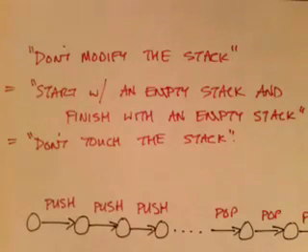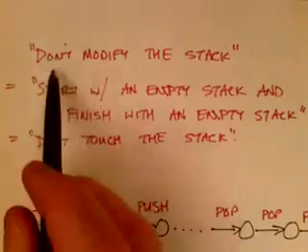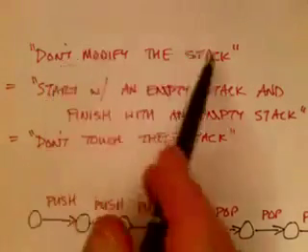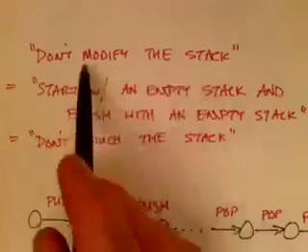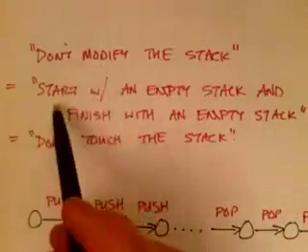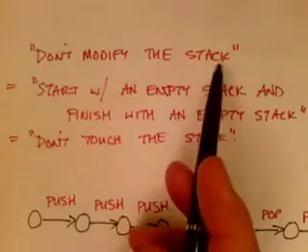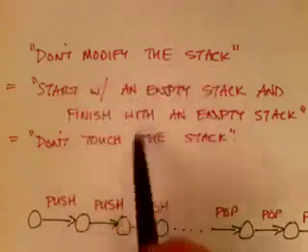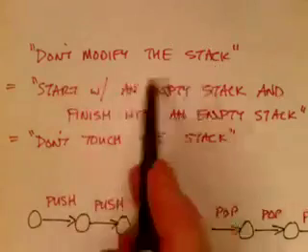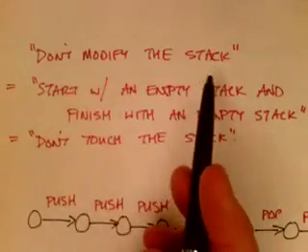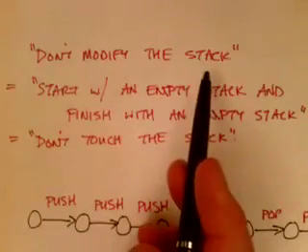So we have this concept of doing some computation in such a way that the stack is not modified. We may use the stack, we might push some stuff onto the stack, but whatever we push, we pop. And we don't go down deep in the stack. If something's already on the stack, we don't touch it. We don't read it, we don't remove it.